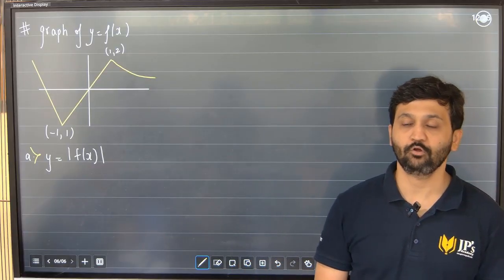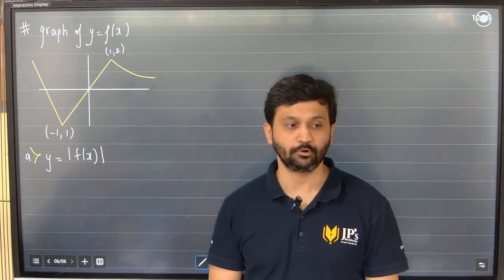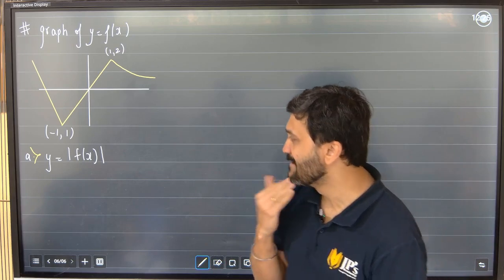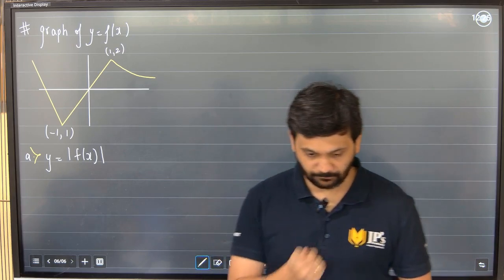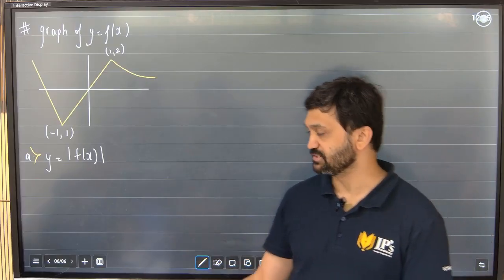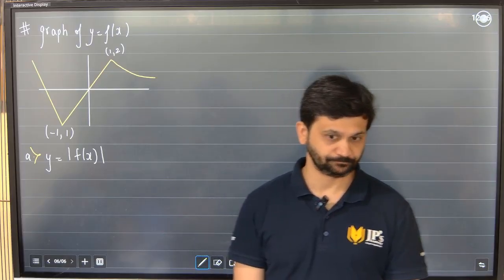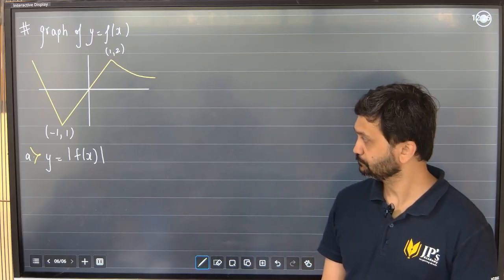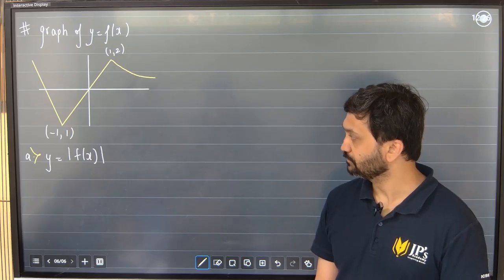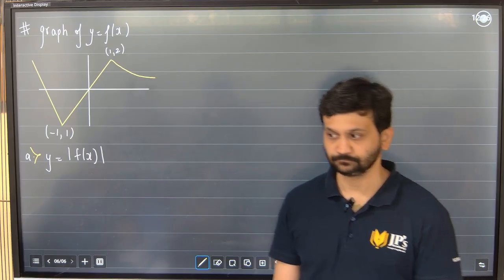How will we draw a graph of y is equal to mod of f of x? Come on, tell me. Will it be the same? Will it be a little different? Will something be different? What will be the changes? Tell me. The negative parts of the graph will be removed. Meaning?